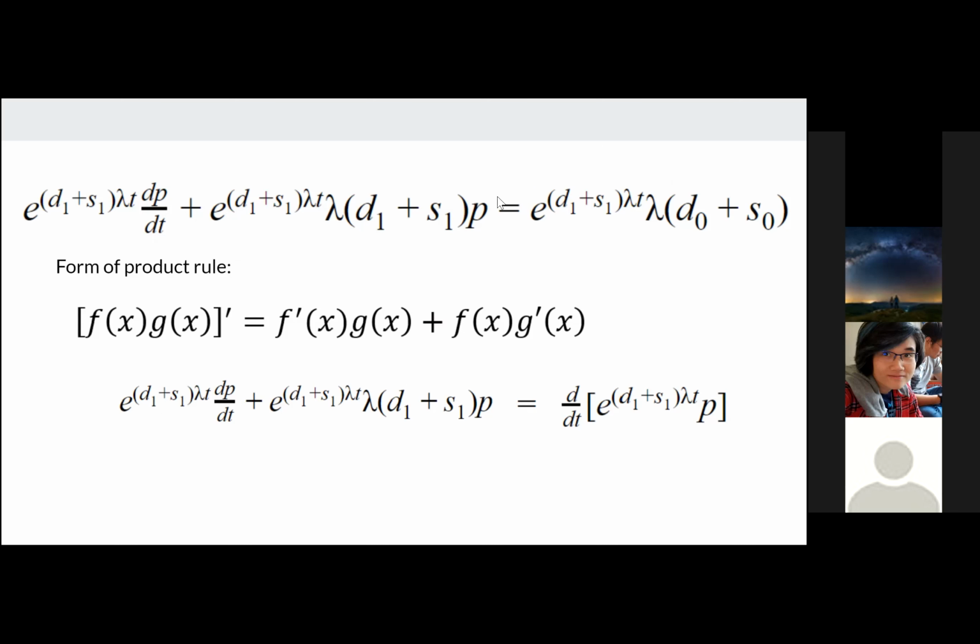As we can see, the left-hand side is pretty long, but it is in the reverse form of the product rule. So we can change it into d over dt of e to the D1 plus S1 lambda t multiplied by P.